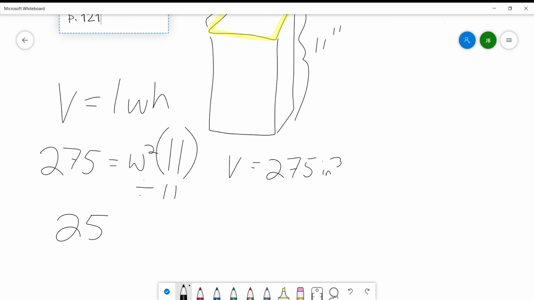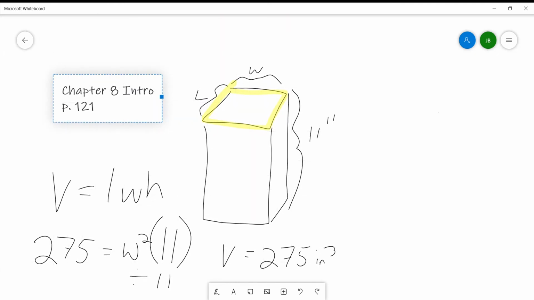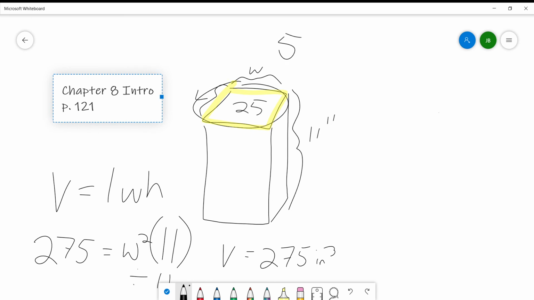So 25 equals the width squared, which is equal to the base, the square inches of the square. So if you're just measuring the area, not volume, the area of this square right here is 25, which means it's a 5 by 5 square. So the length and the width of this square is 5 by 5.